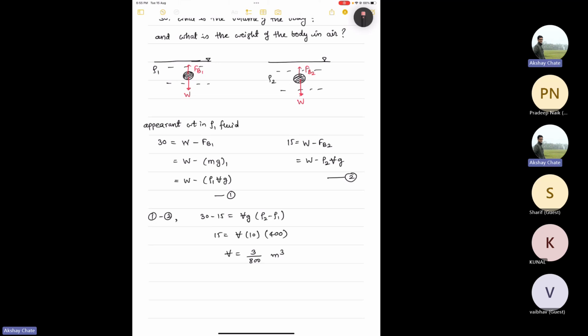So we got the volume. Okay, the volume is okay. That much is there. One second. How do you see the chat? Anybody wants to help me out here?